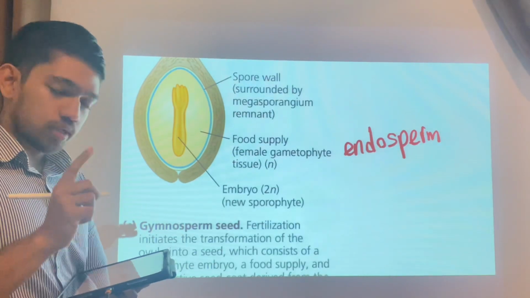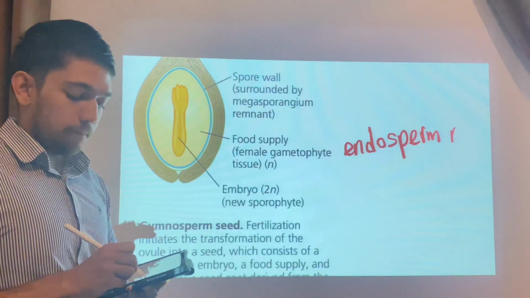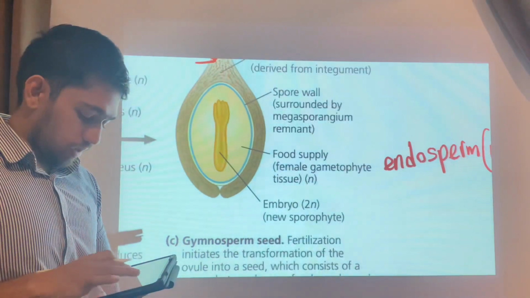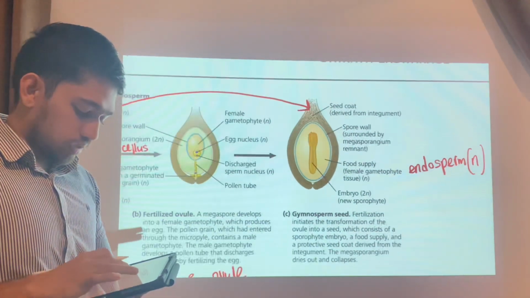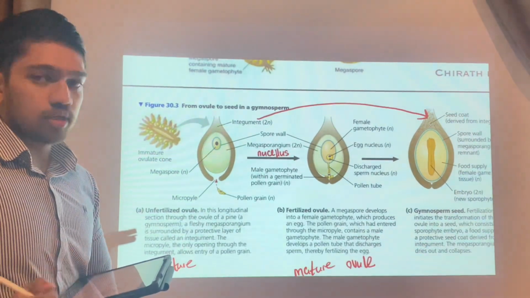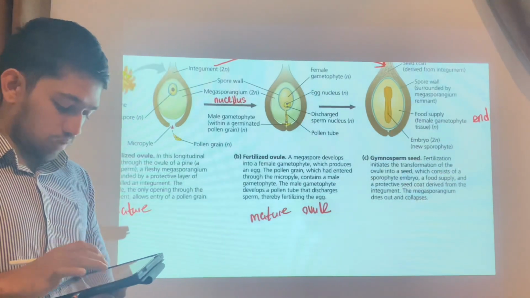The endosperm, since it was derived from the female gametophyte, is haploid, n. This is the story of how an ovule becomes a seed in a gymnosperm. Keep that in mind.